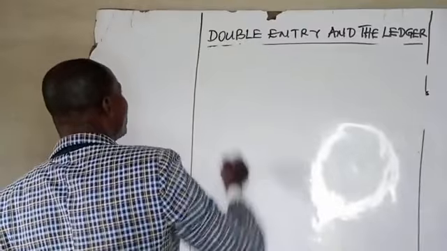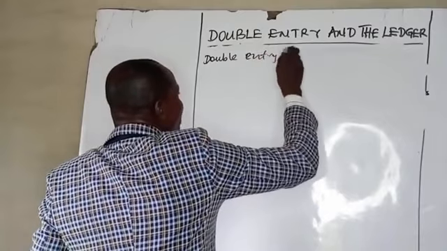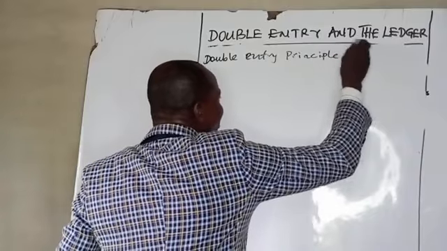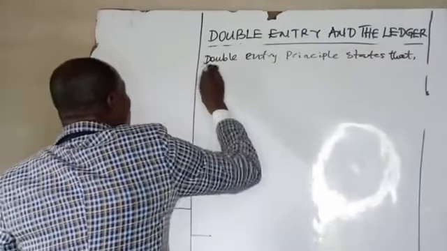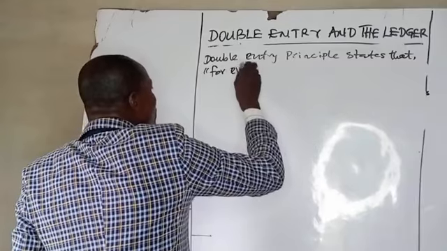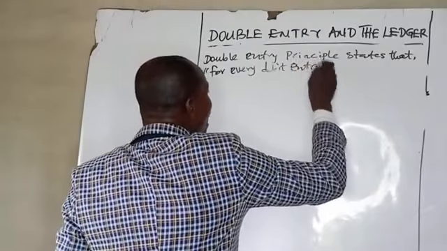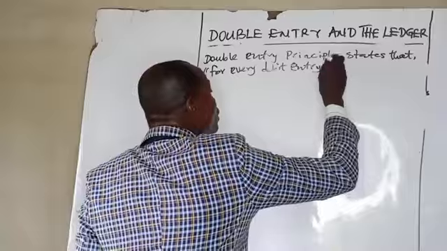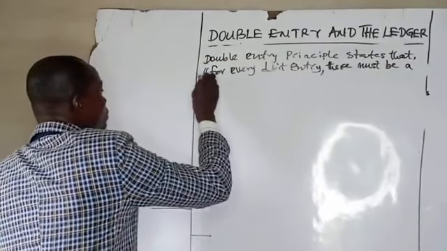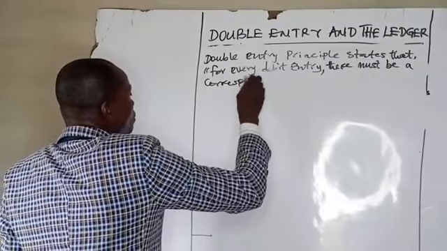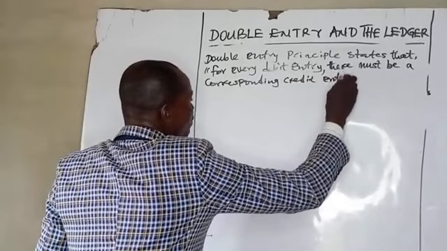The principle of double entry states that for every debit entry, there must be a corresponding credit entry and vice versa.